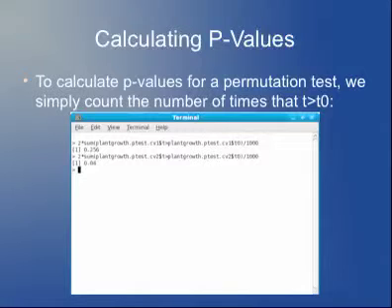We get a p-value of 0.256 for testing the null hypothesis of no mean difference between control and treatment 1. We get a p-value of 0.04 for testing the null hypothesis of no mean difference between treatment 2 and controls.